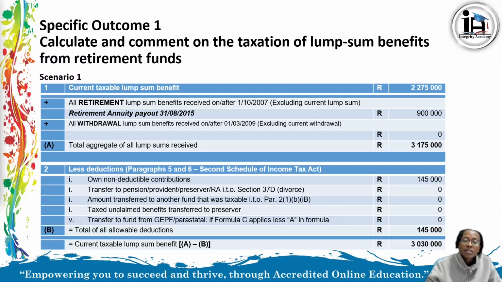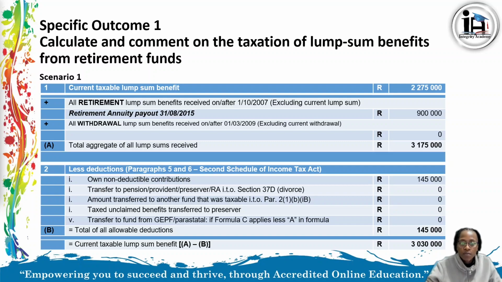And 2, we less deductions according to paragraphs 5 and 6 of the second schedule of the Income Tax Act, on non-deductible contributions of 145,000. Then we transfer to pension or provident or preservation or retirement annuity. We do not have any figure. Amount transferred to another fund that was taxable, it's also 0. Taxed unclaimed benefits transferred to preserver, 0 as well.